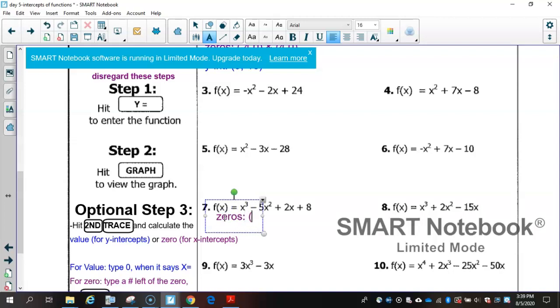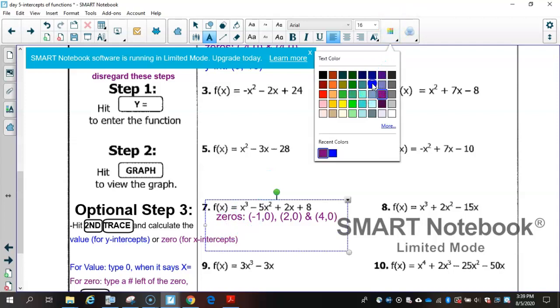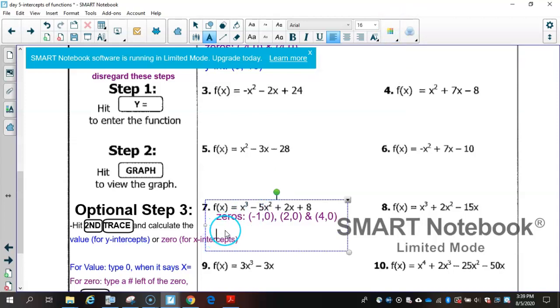Right, so we had 3 zeros at -1, at 2, and at 4. And then our y-intercept was at 0, 8.